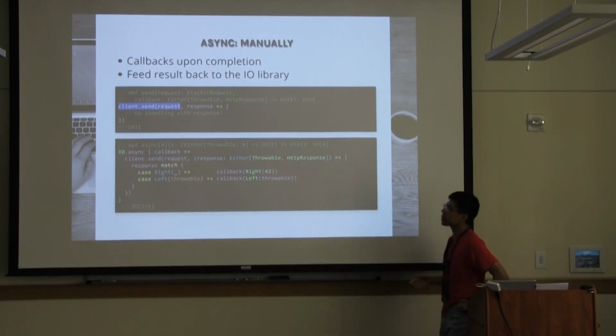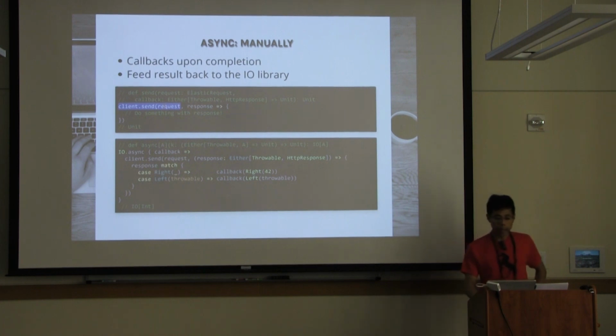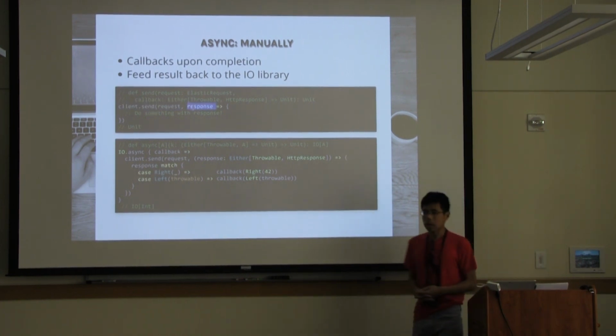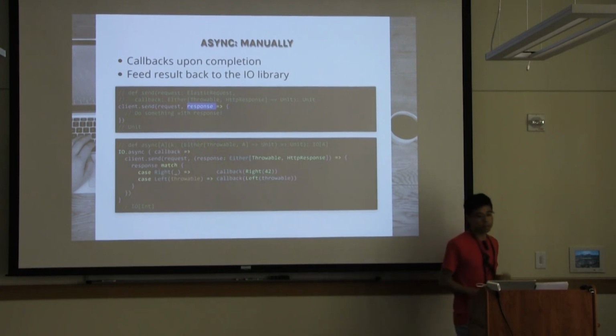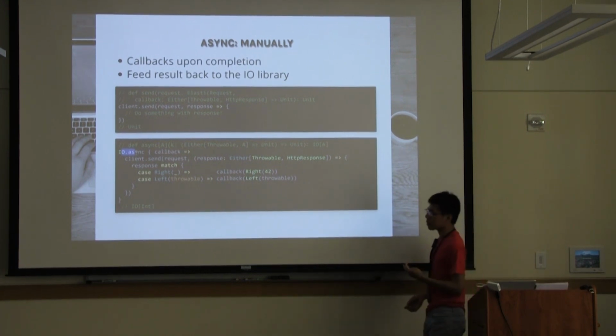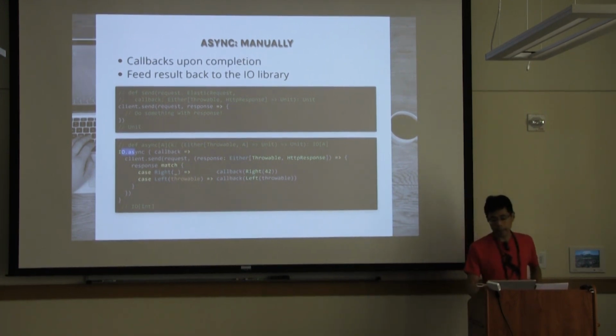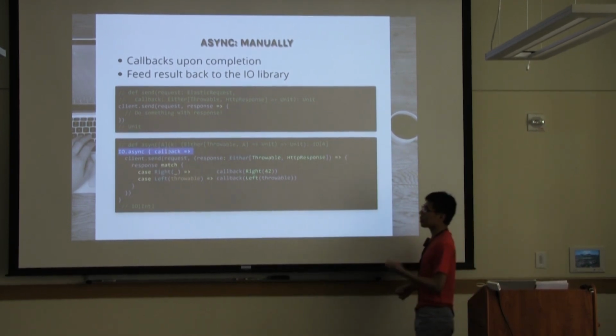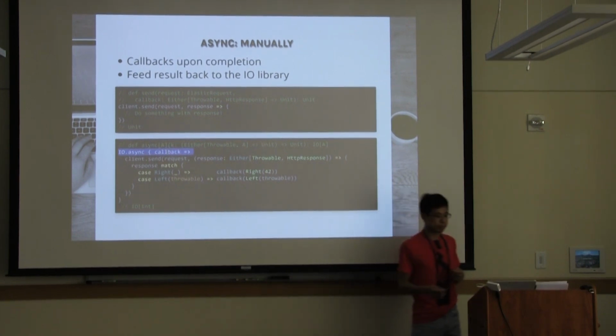And when it has an answer, it will call you back with it so that you can act on it. So how do we handle those cases? To handle those cases, we have IO.async. What IO.async does is that it calls you back, providing you a Cats callback that you can call with the results of your legacy call.